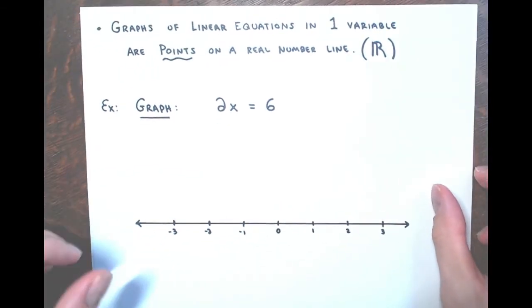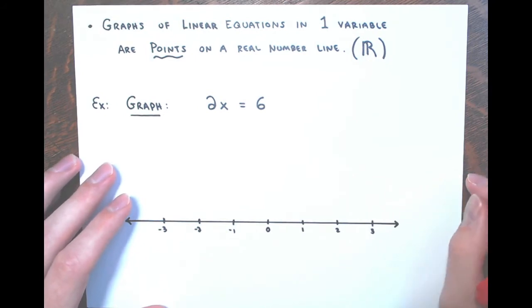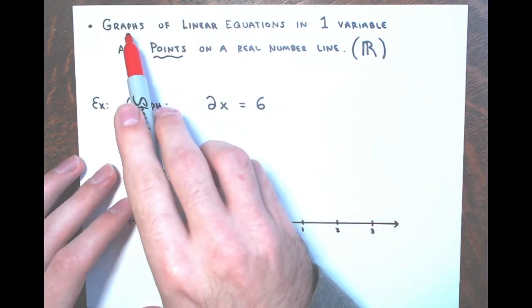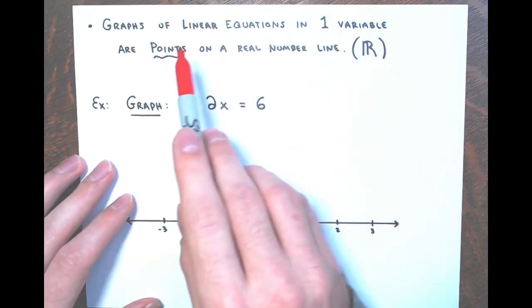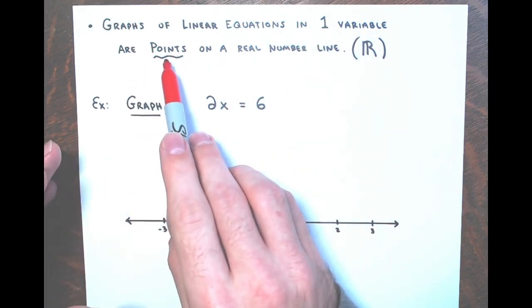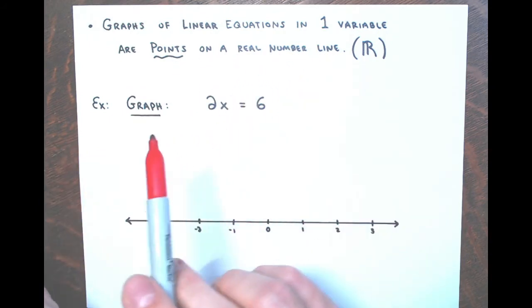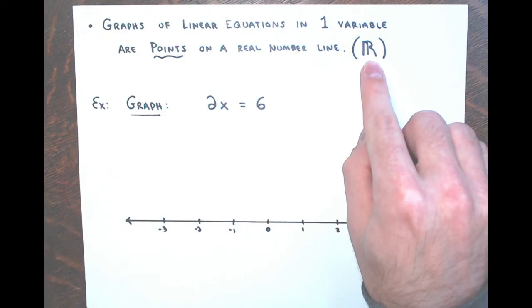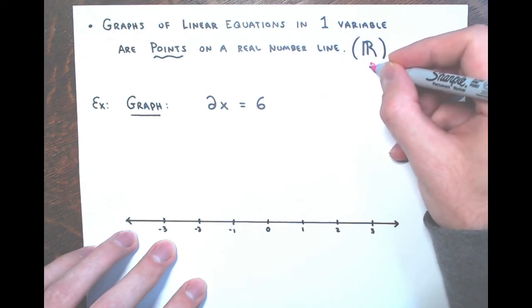So we're going to start with equations with a single variable and work our way up. Graphs of linear equations in one variable are just points on a real number line. Now you're going to see this symbol quite a bit in my videos and many other people's as well.